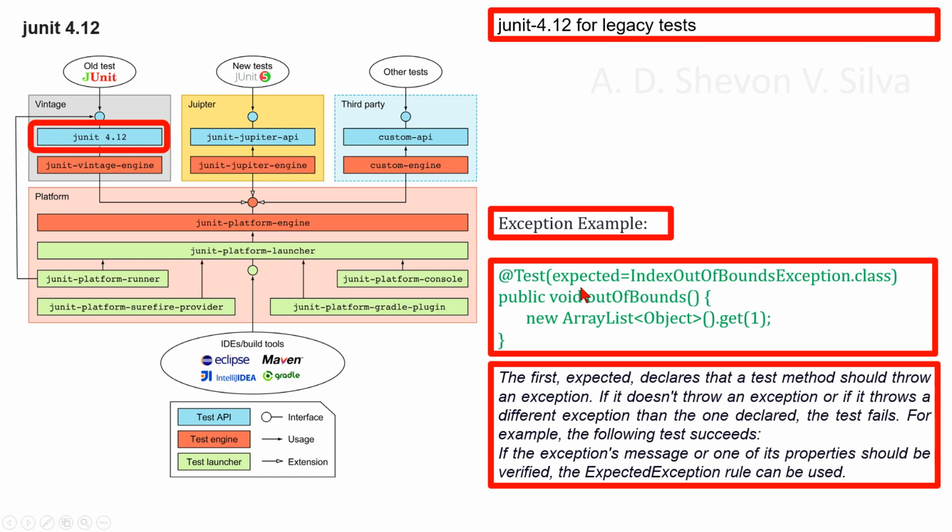With assertThrows, the code that throws the exception can be precisely specified. If the exception's message or one of its properties should be verified, the ExpectedException rule can be used.